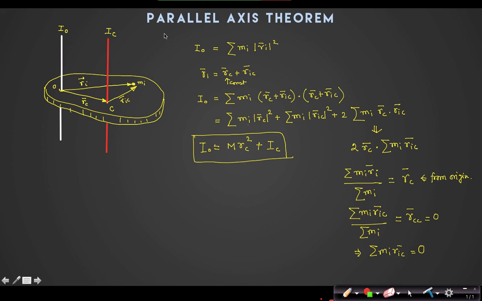That is why it is called the parallel axis theorem, because I_O and I_C should be parallel to each other. Can I take any axis passing through center of mass? No. Through center of mass there are infinite number of axes possible, but I will only take the parallel axis.